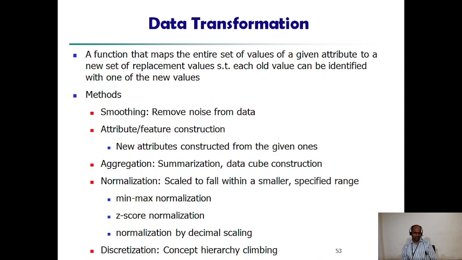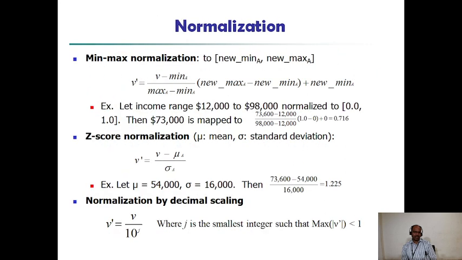We will discuss all these techniques one by one in the later parts. And discretization means we will generate concept hierarchies using that data. So these are the various normalization techniques: min-max, z-score, and decimal scaling.